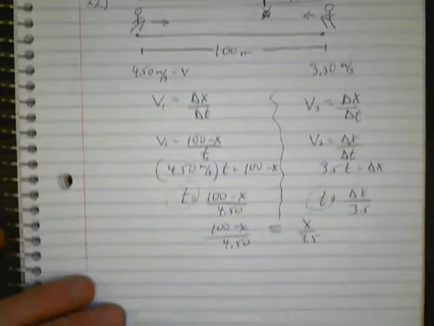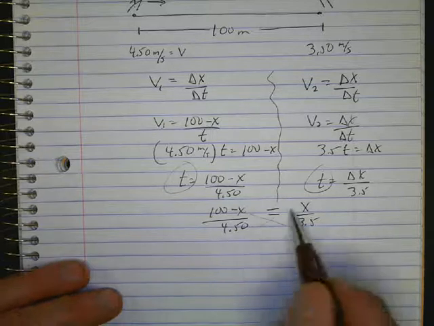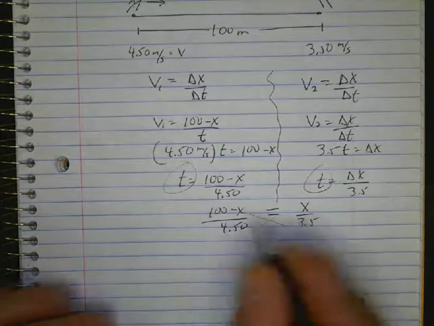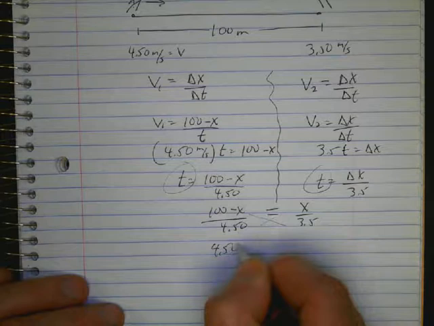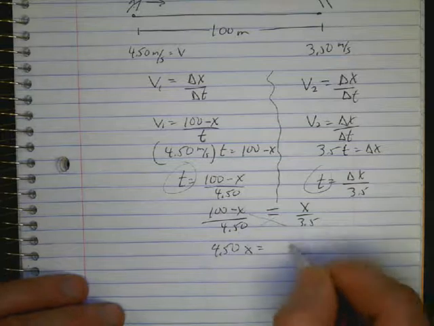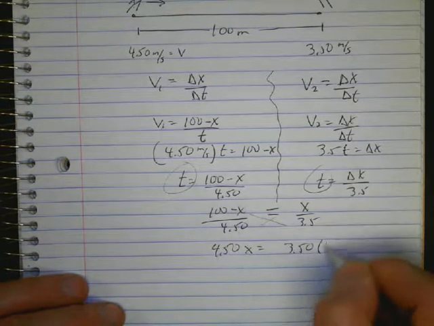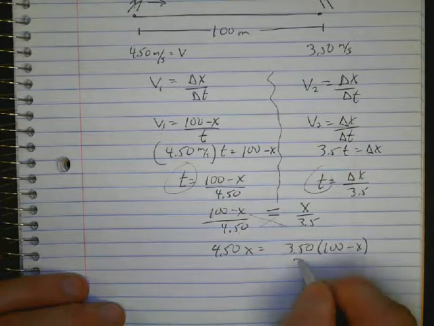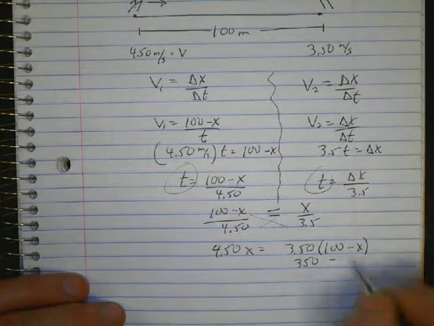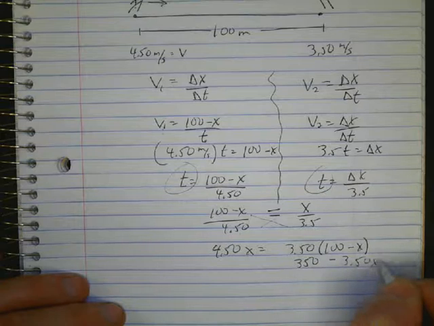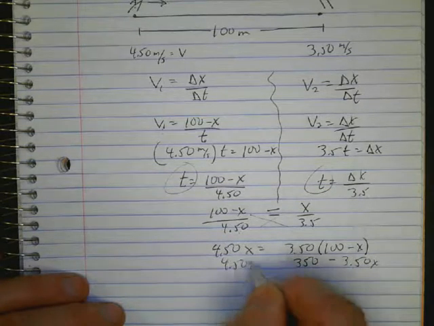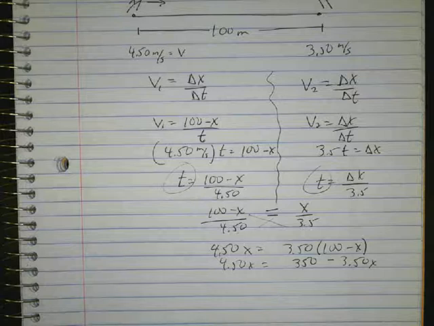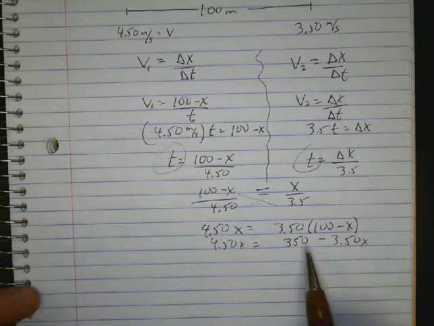Let's solve for x. What we have to do is cross multiply. So I'm going to multiply this across: 4.50x equals 3.50 times 100 minus x, all of that in parentheses. Let's distribute this. That becomes 350 minus 3.50x. Then we work one more step.